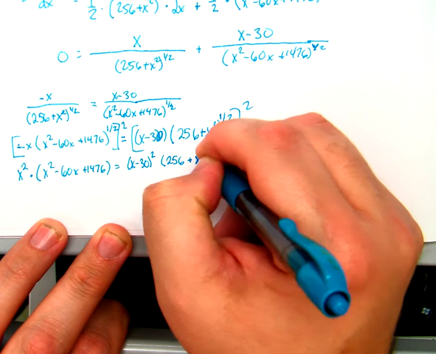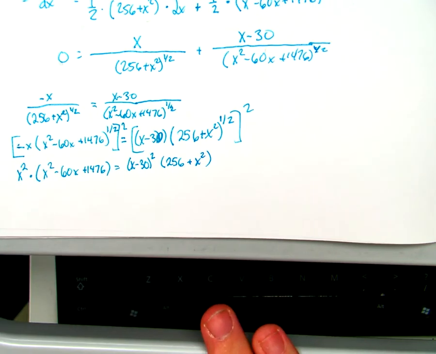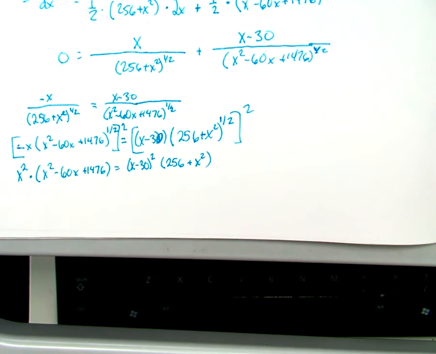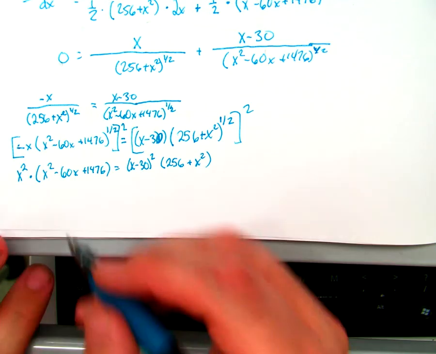This is just nasty algebra going on right now. They're just being mean on this one. Now what do we do? Just keep simplifying, right? When you solve for x, that's when you know how to stop.